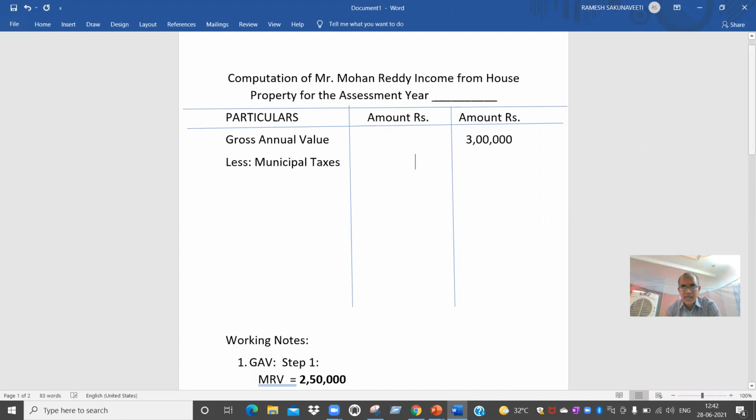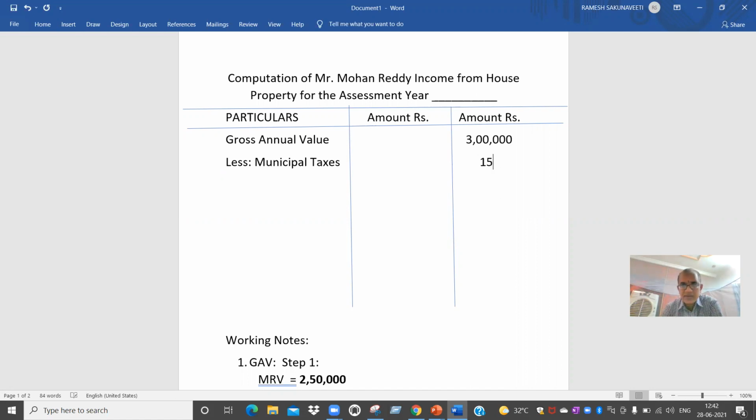Municipal taxes, how many rupees did he pay? You check it once. You read the problem. After fair rental value 2,10,000, it is given. Municipal taxes due is 25,000 rupees he has to pay actually. But how many rupees did he pay? 15,000 he paid. Only the paid amount you have to take into consideration.